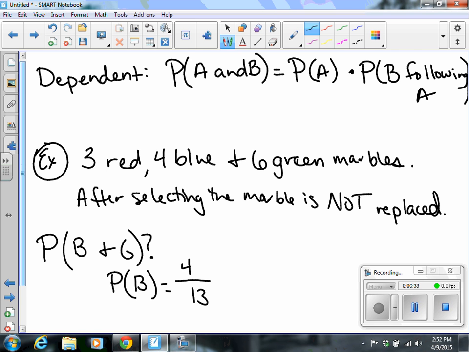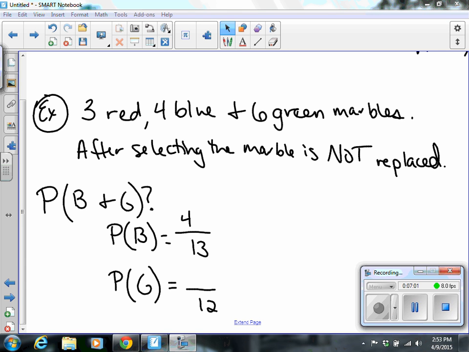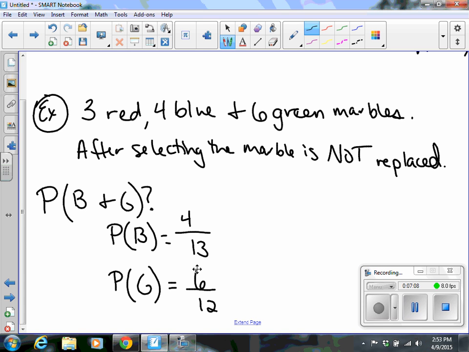But now this changes a little bit for the green marble. For the green marble, I'm only out of 12 now because I've already taken a marble out and I'm not replacing it. Now, the green, I know I have 6 green marbles, so 6 out of 12.